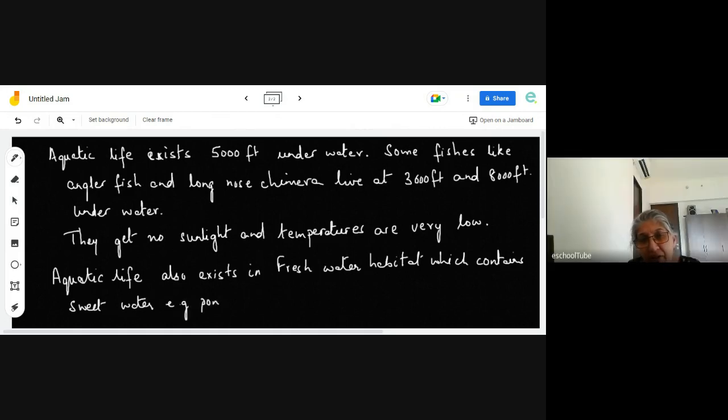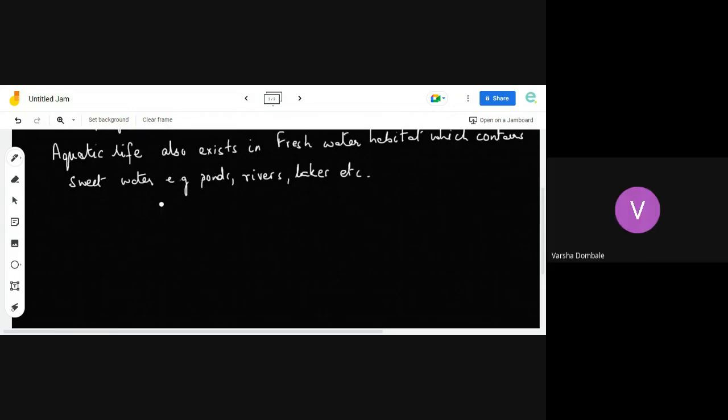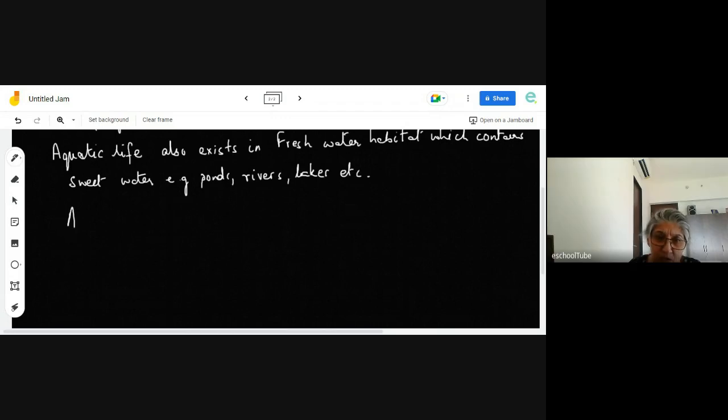Ponds, rivers, lakes, brooks, etc. Okay. And here also there are different types of animals that live in the freshwater habitat. Yes.